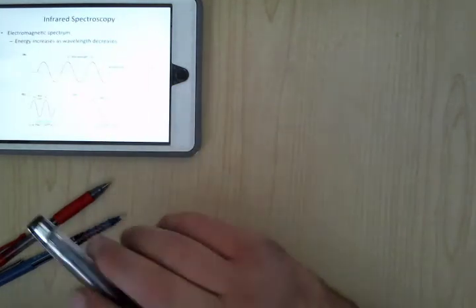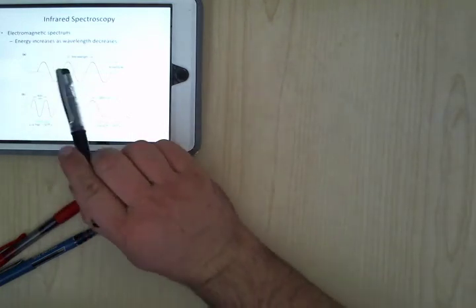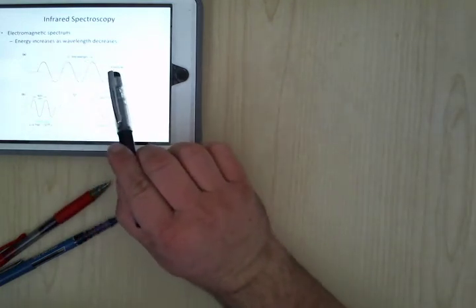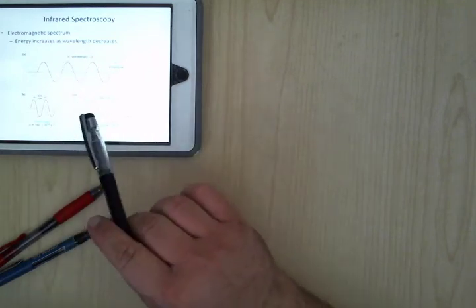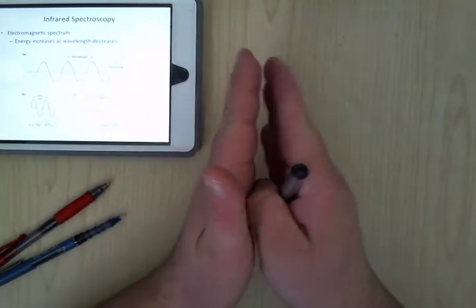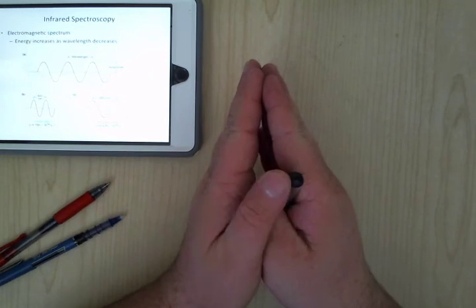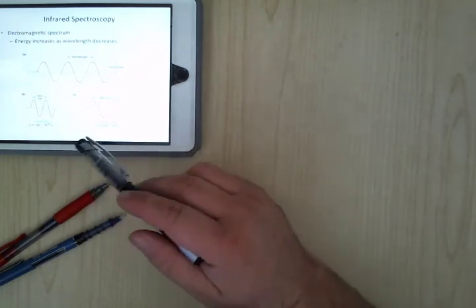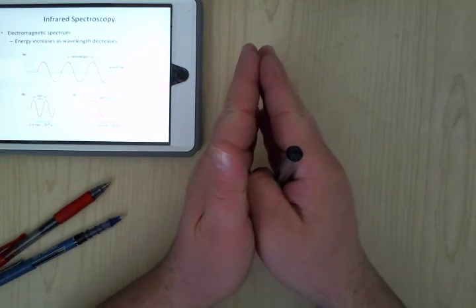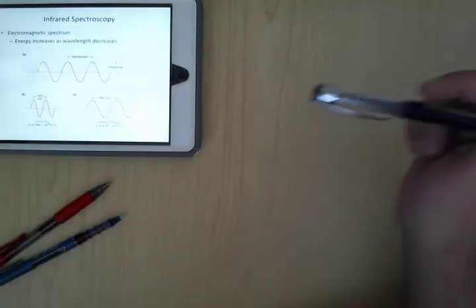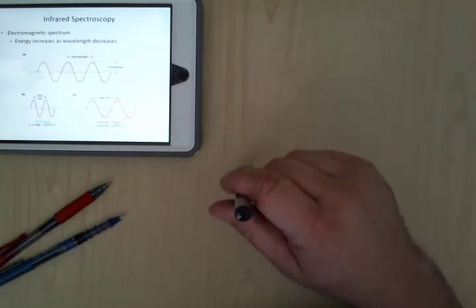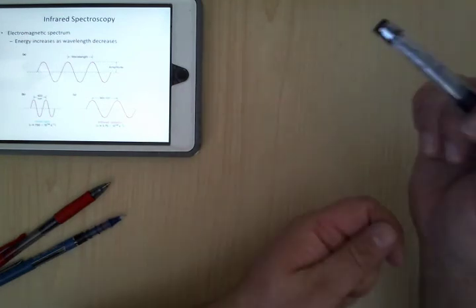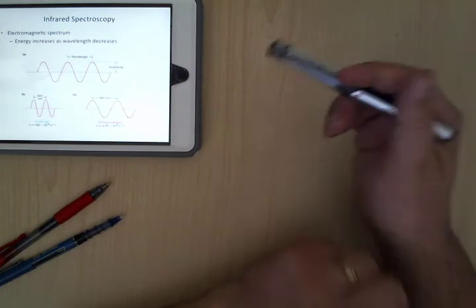Okay, so just as a reminder, wavelength goes from peak to peak. Amplitude is from the midpoint up to the peak, but the big thing we're going to talk about is peak to peak. And just as a reminder, the shorter the wavelength, the higher the energy. It takes more energy to make a short wavelength piece than a long wavelength piece. That's why radio waves are really, really long and really low energy, and that's why we don't get cancer when we drive our car with the radio on.